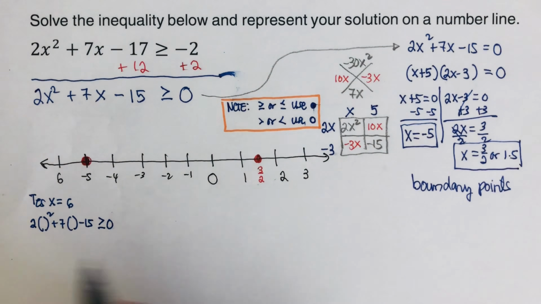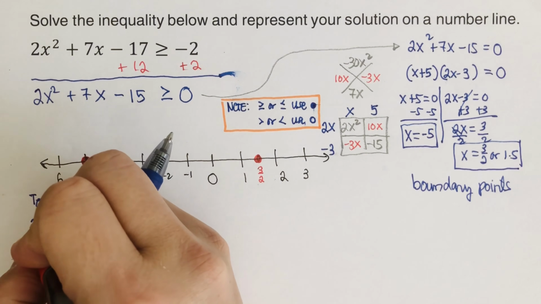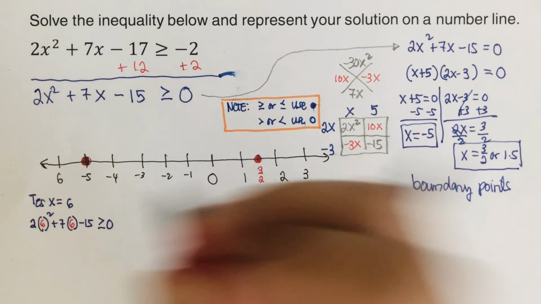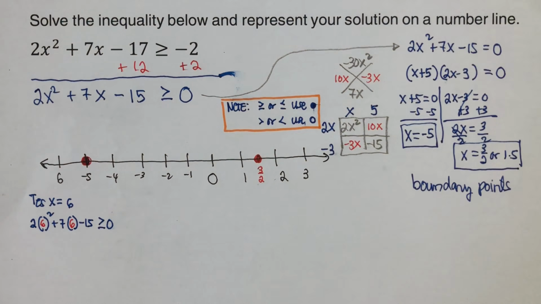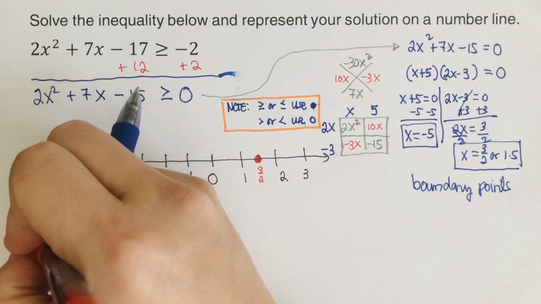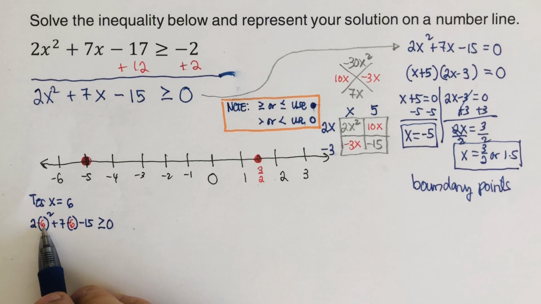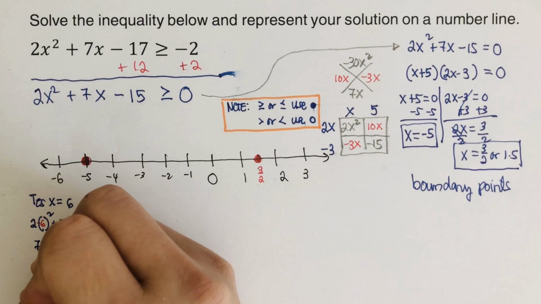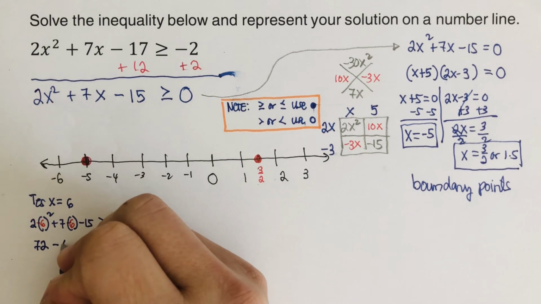The point that we're testing is negative 6, so I'm going to put negative 6 into each of the parentheses. Negative 6 squared is 36, times 2 is 72. Then minus 7 times negative 6 is plus 42.